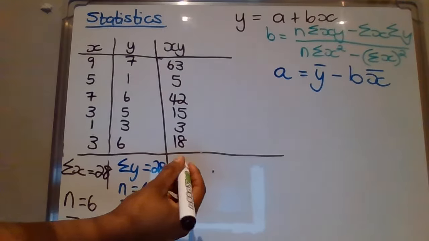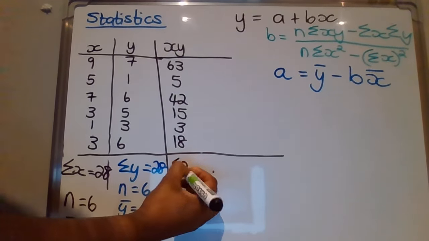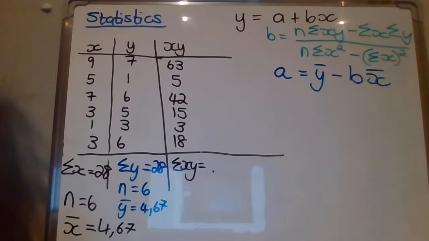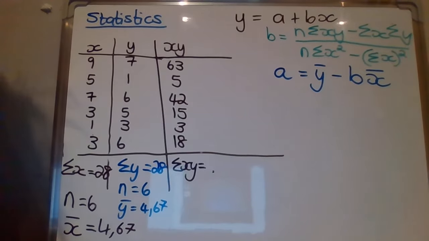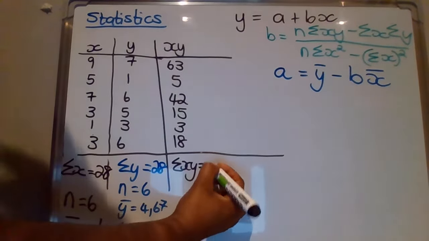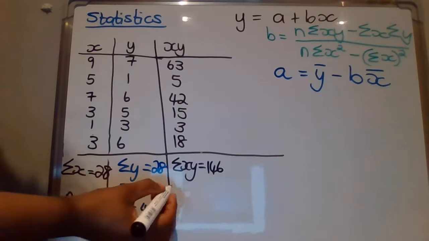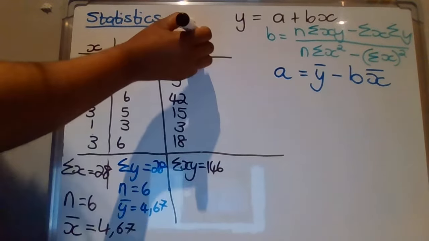So what do we need to have here? We need to have the sum of this product. So this here is 146. Okay, so we've just about covered it.